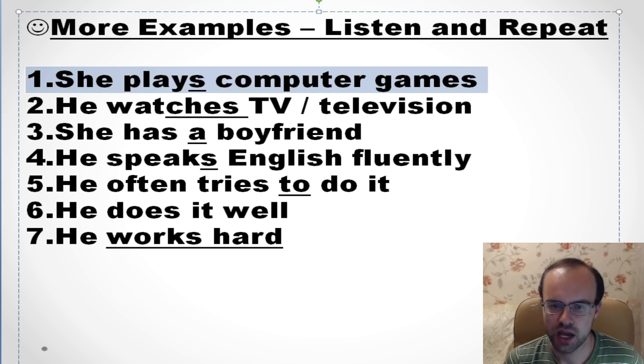She has a boyfriend. He speaks English fluently. He often tries to do it. He does it well. He works hard.